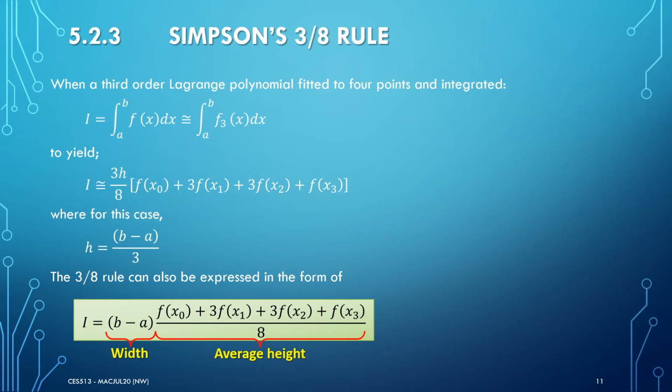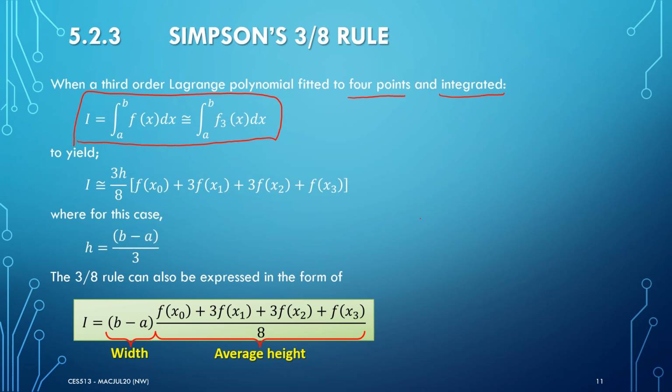So for the Simpson's 3/8 rule, in a similar manner to the derivation of the trapezoidal and Simpson's 1/3 rules, a third order Lagrange polynomial can be fit to 4 points and integrated as this, the integration of function f(x) from a to b.